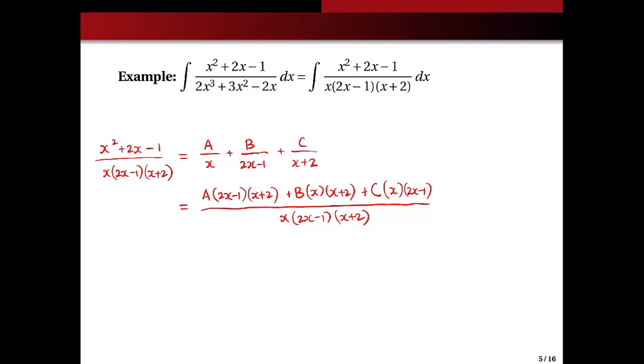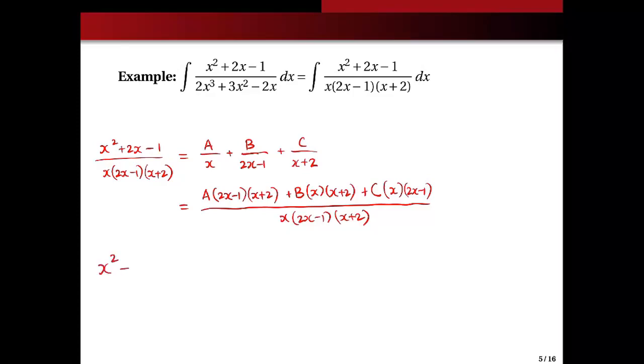So how do we do that? This expression here is equal to this expression. Their denominators, this guy and this guy, are the same. So for this expression to be equal to this expression, the numerators must be equal.